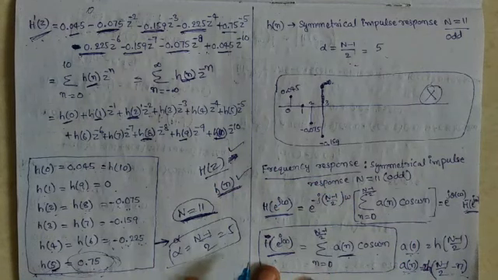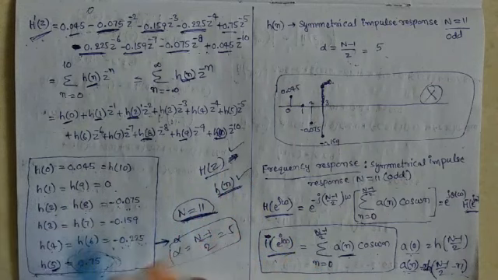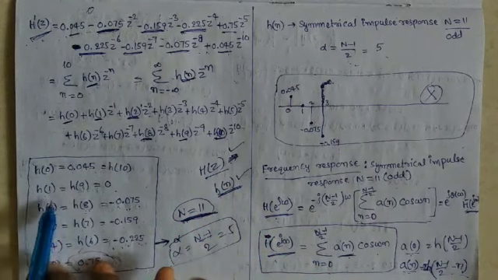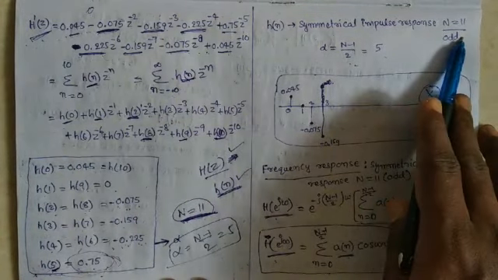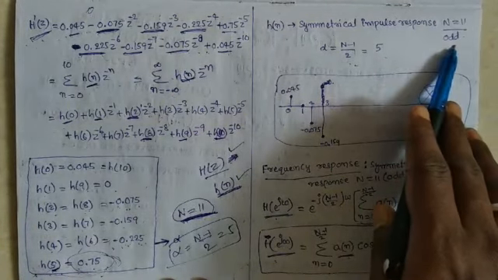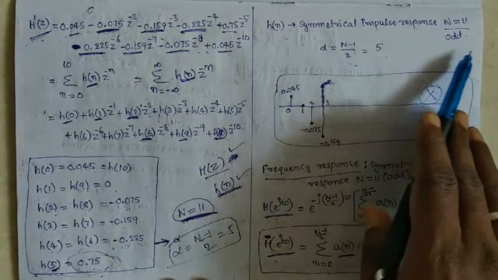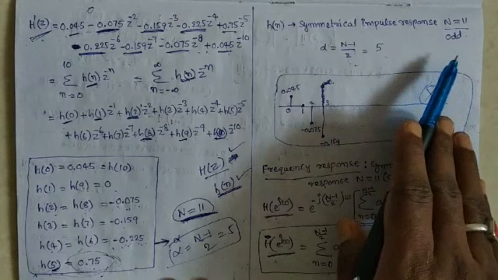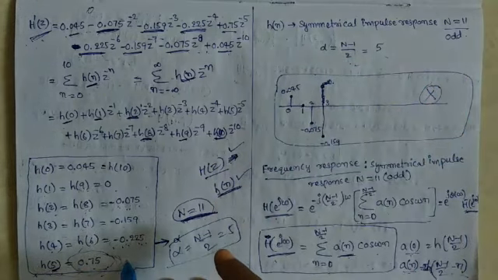Magnitude response, for high pass FIR filter. Here the impulse response is symmetrical impulse response. Capital N is equal to 11, means capital N is odd. Here for obtaining magnitude response, first we are determining the frequency response of this impulse response.